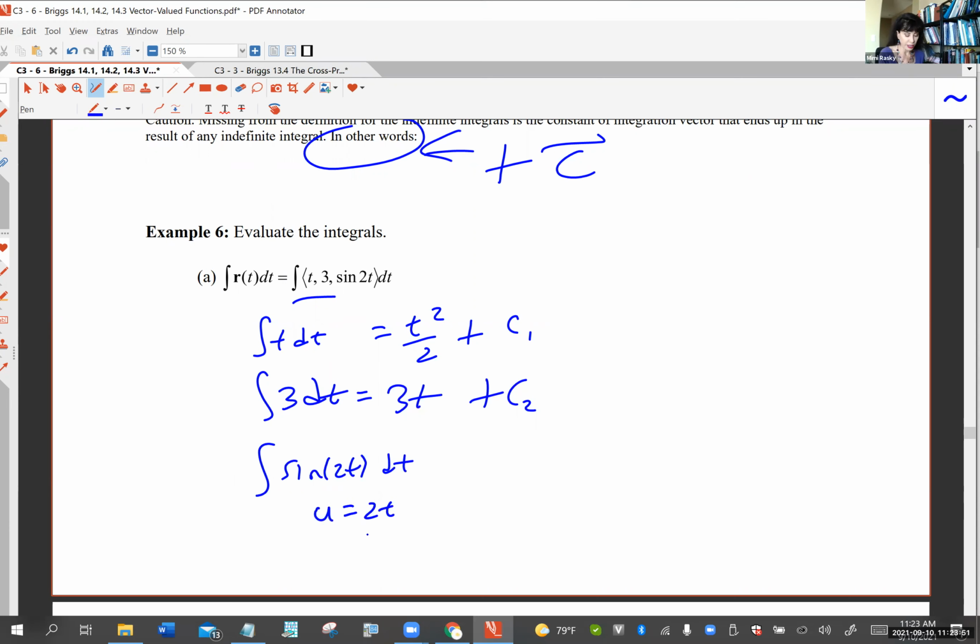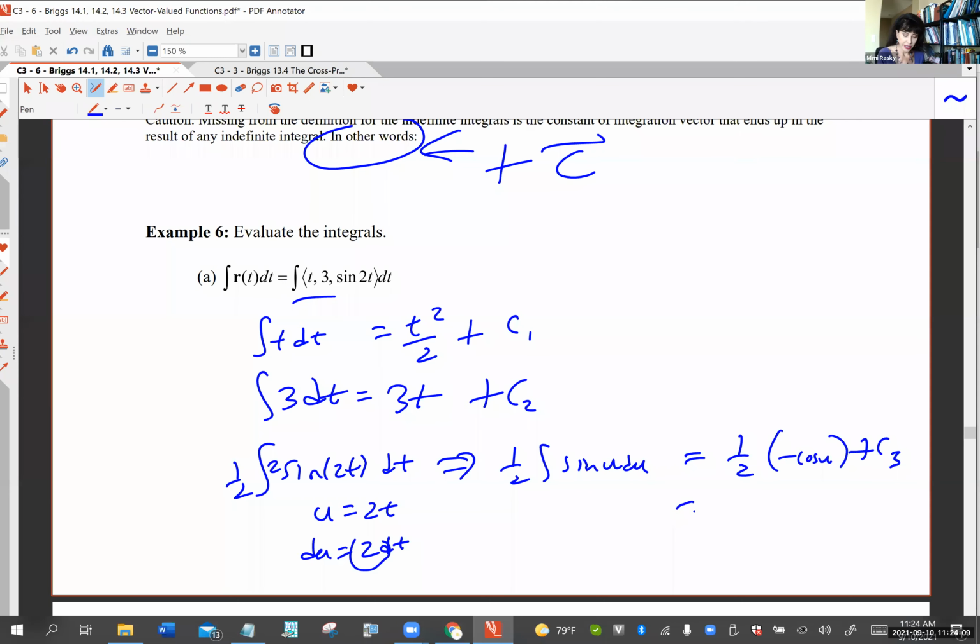U is 2t, du is 2 dt, so you need a 2. So what I do is I put one in and divide out. So this is going to look like 1/2 sine of u du. So that's going to be 1/2 negative cos u plus c3. And then replace the u with what we said it was, 2t.